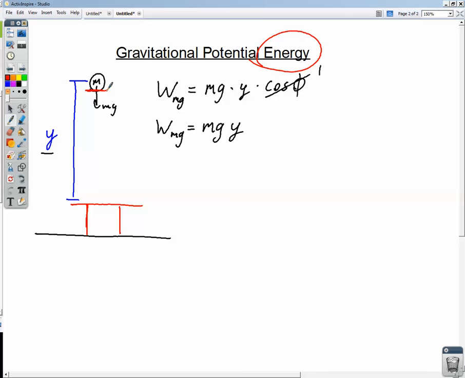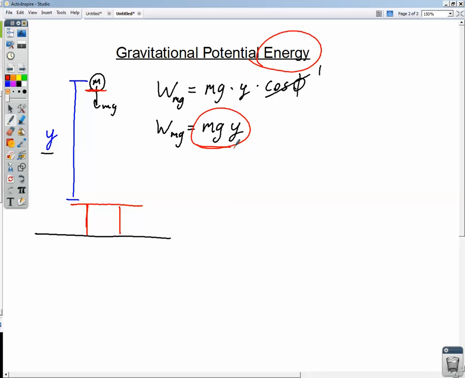So just being above a surface, that object, because it has mass, because it has an attraction to the Earth, has stored energy. All right? And in this case, that stored energy can do exactly this much work in bringing it to the table and accelerating that object to the table.